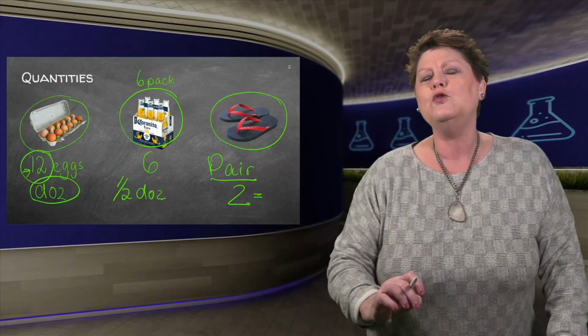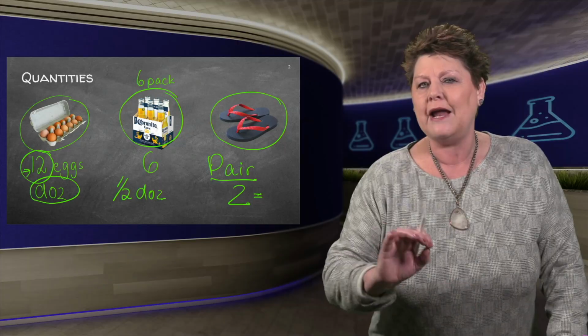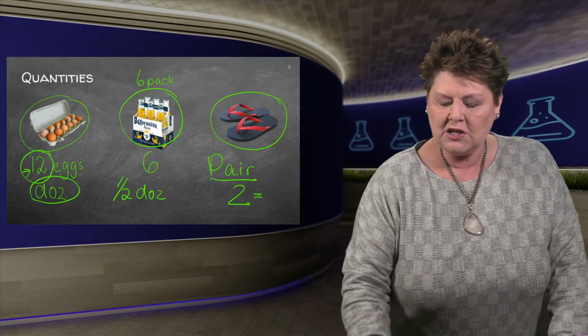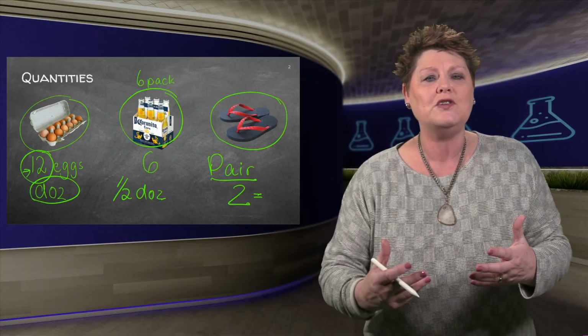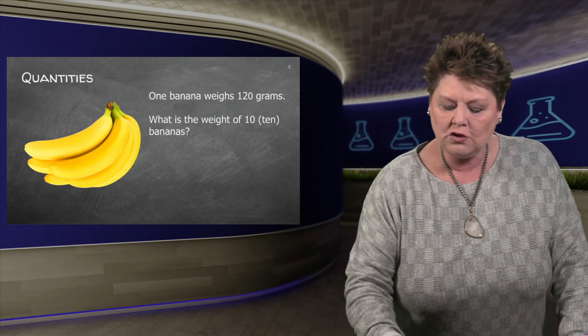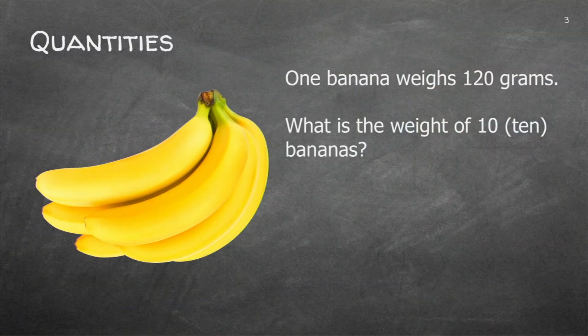So what do we do when we work with chemistry? Well, we've got another term, and we'll get to that just now. How will these concepts be asked and used in chemistry? I'm going to start off with a very, very easy equation. I've got one banana weighing 120 grams.